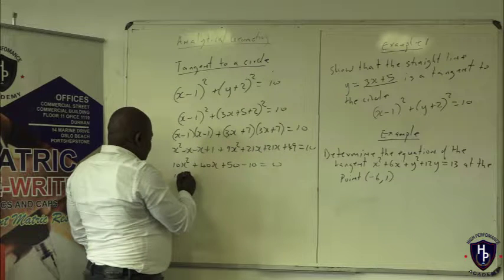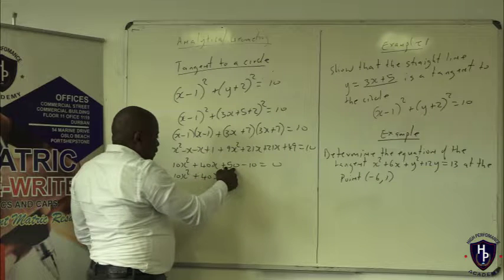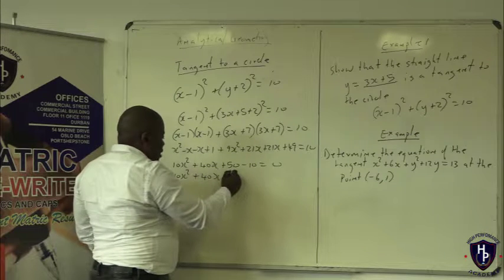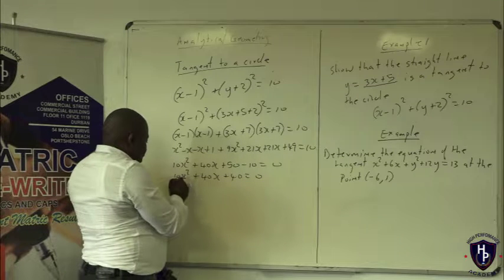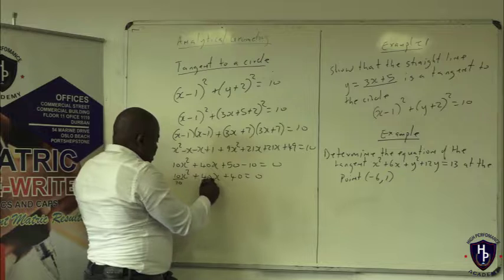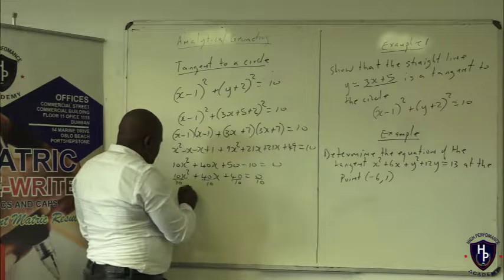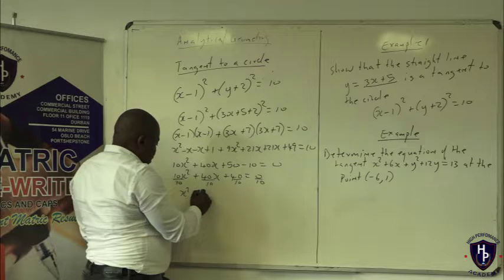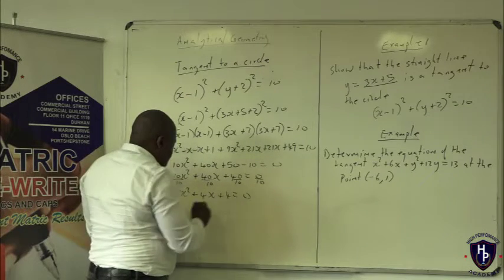So 10x squared plus 40x plus 40 equal to 0. Divide by 10 throughout: x squared plus 4x plus 4 equal to 0.